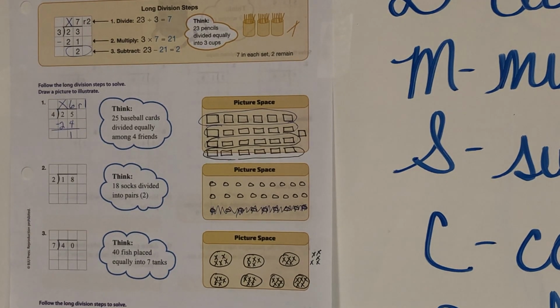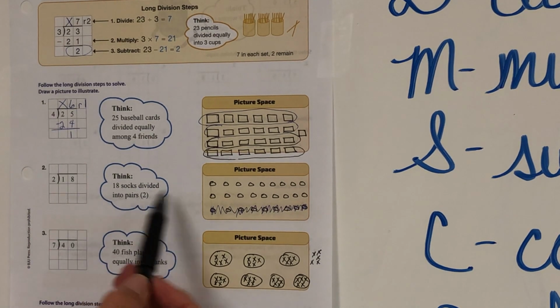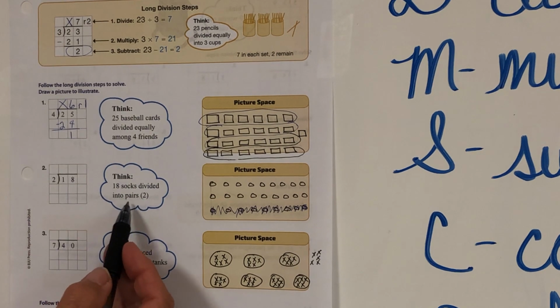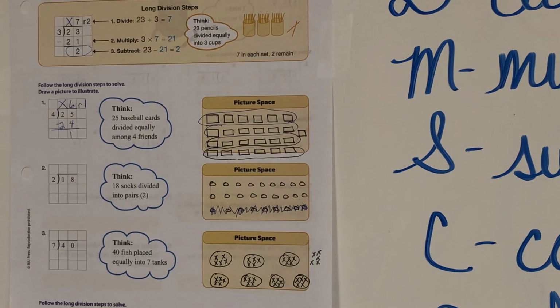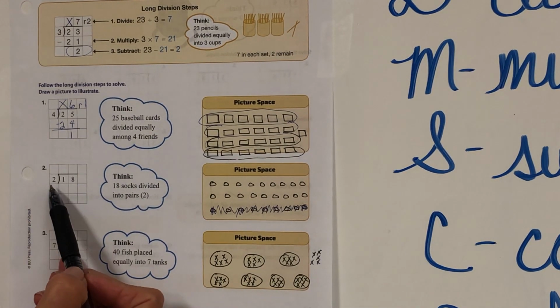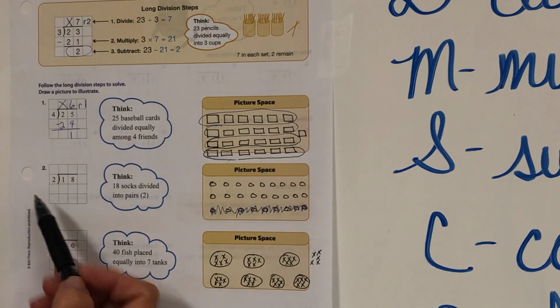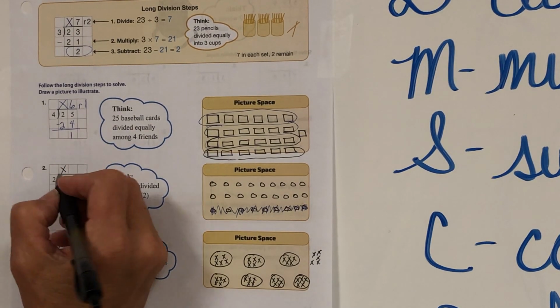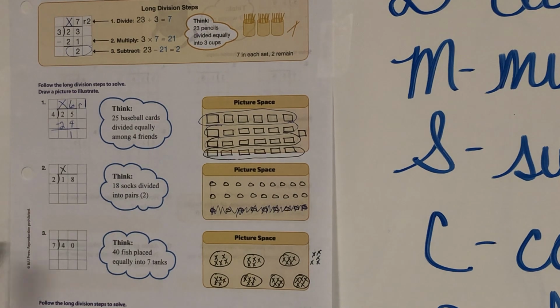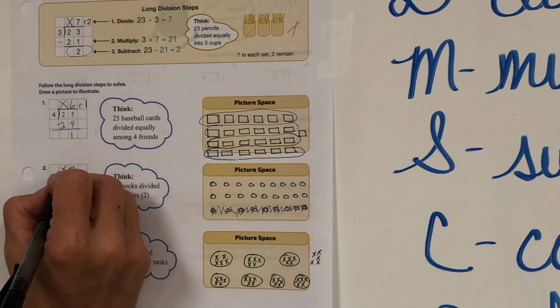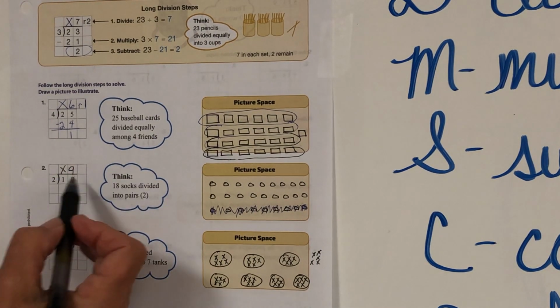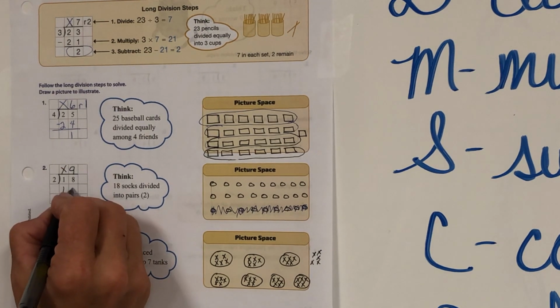Number 2, 18 divided by 2. Think about socks. 18 socks divided into pairs. A pair is 2. So how many times will 2 go into 1? It won't. But how many times will 2 go into 18? We know that 18 divided by 2 is 9. 9 times 2 is 18.